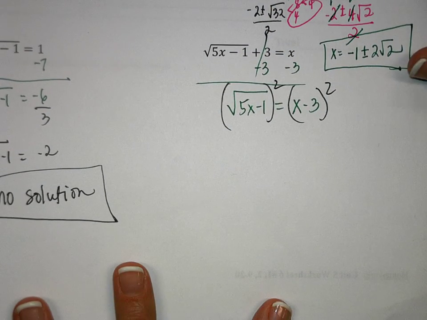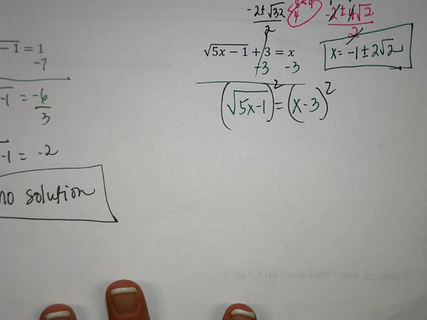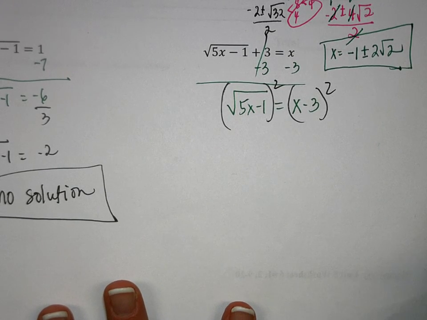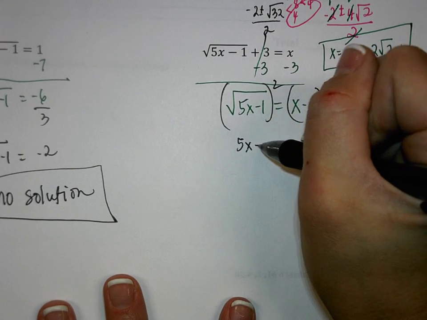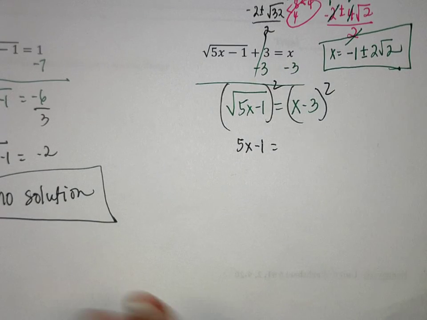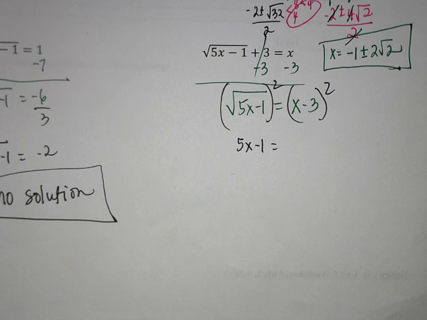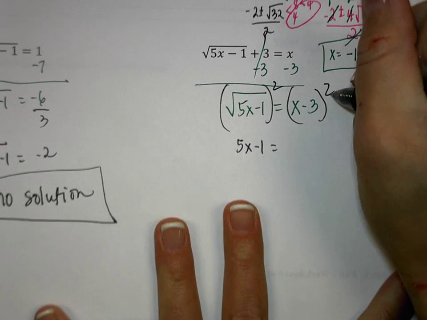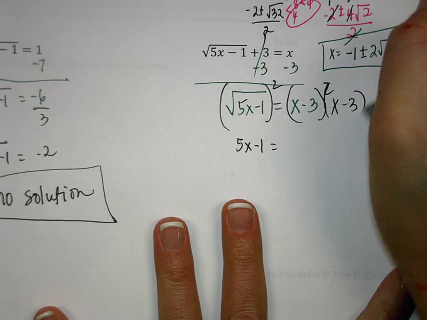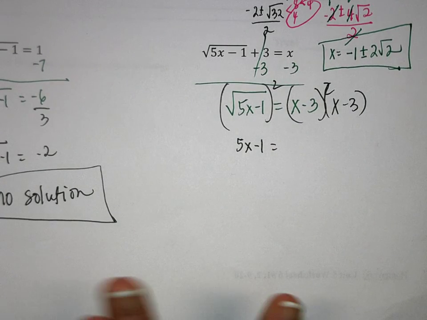And when I square the square root of 5x minus 1, what does that make? Good. What do I do when I square x minus 3? Yeah, you're going to have to multiply it out or distribute. So you might want to go ahead and write another x minus 3 there. And we distribute.